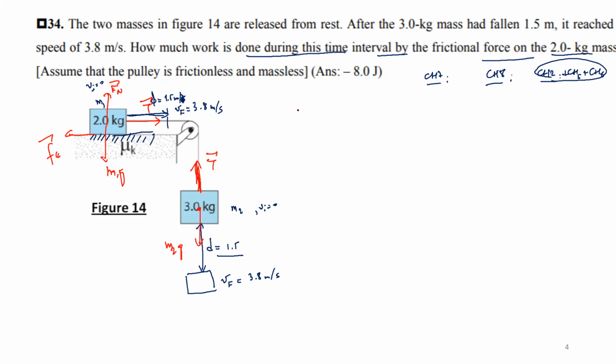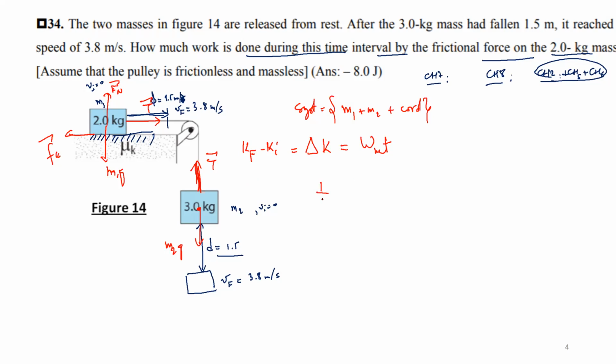Now I will define my system. Here, of course, I will look at the total system. The total system will be M1 plus M2 plus the cord. Okay. Now I will apply the work-kinetic energy theorem to the total system. Delta K is equal to net work. So delta K is, of course, K final minus K initial. Now what is my K final? K final is the final kinetic energy of my system.